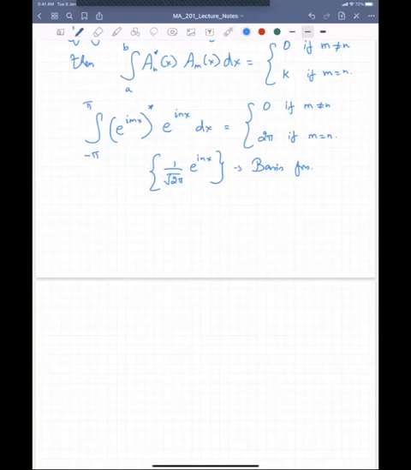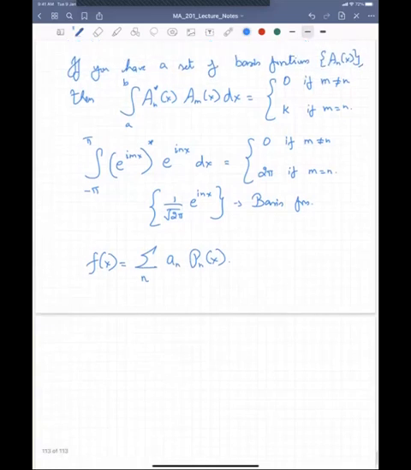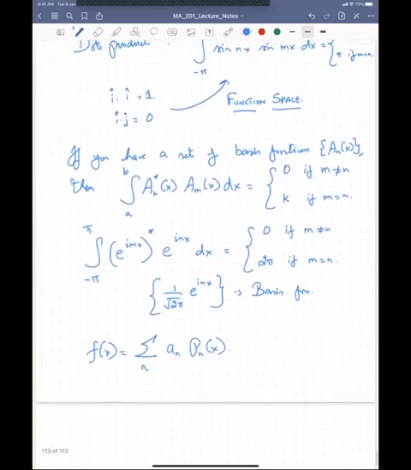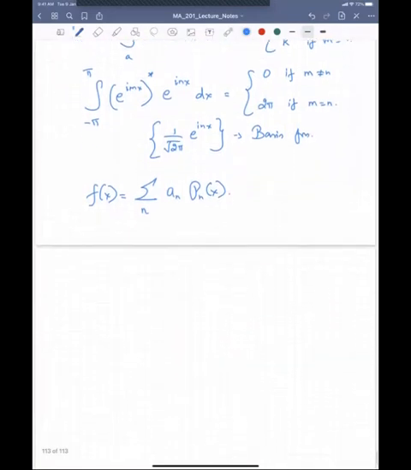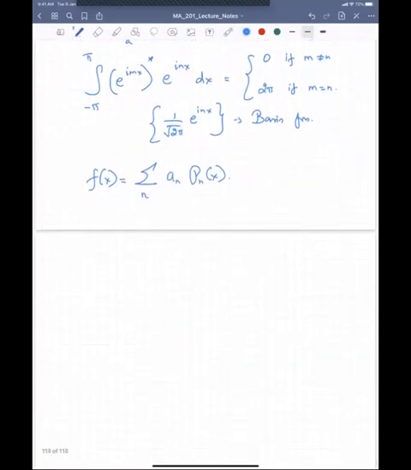In other words, I can expand a function f of x as some linear combination of the P_n of x. But if that is true, then Legendre polynomials should also satisfy orthogonality. So if I integrate P_n and P_m, I should get 0 if n is not equal to m.